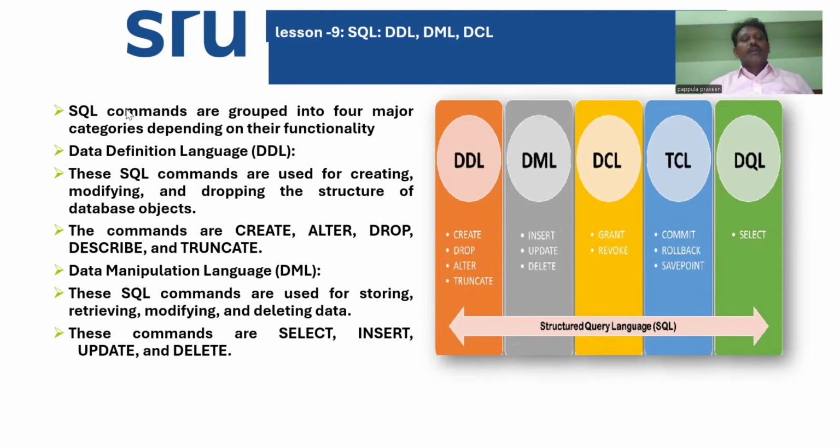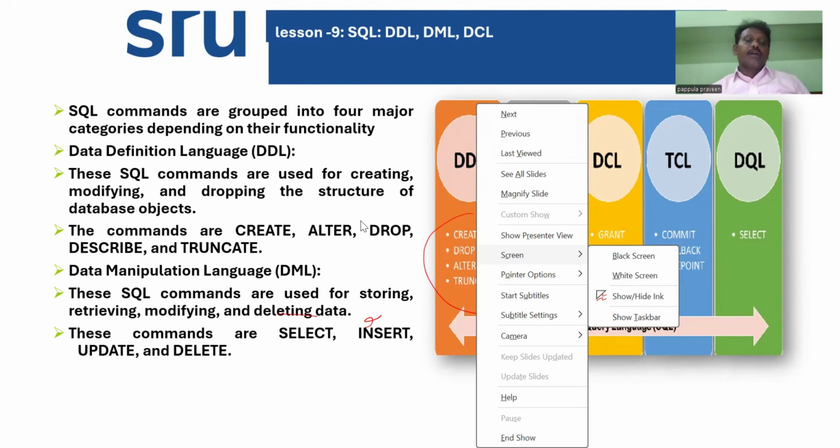Now coming to here, SQL commands are grouped into four major categories depending on their functionality. Data definition language commands are used for creating, modifying, and dropping the structure of the database. The commands are create, alter, drop, describe, and truncate.